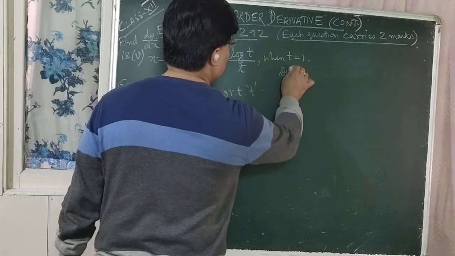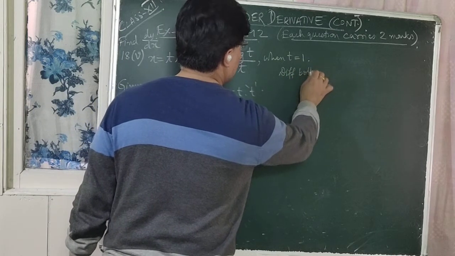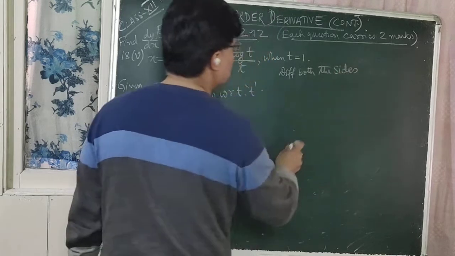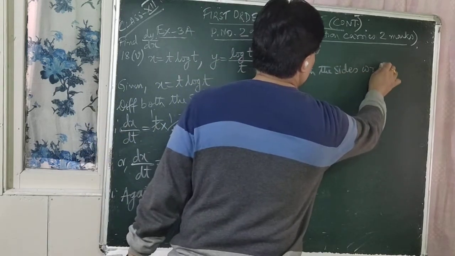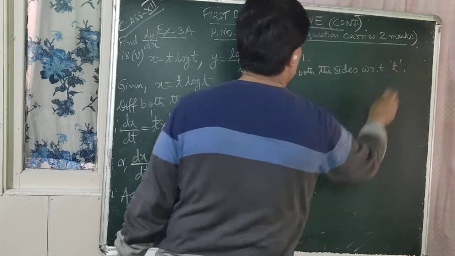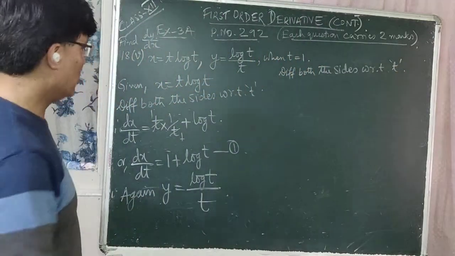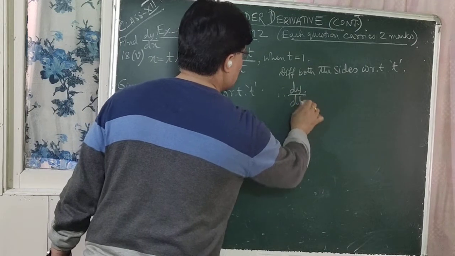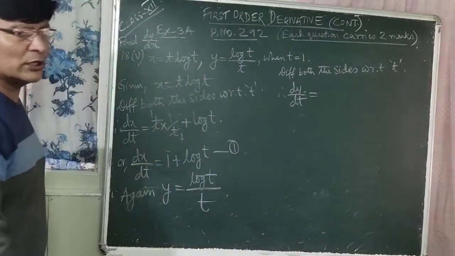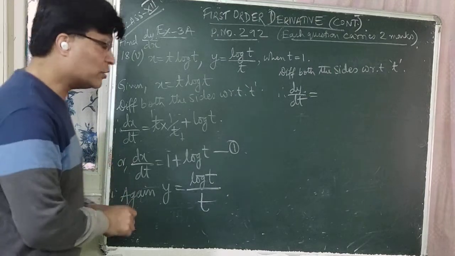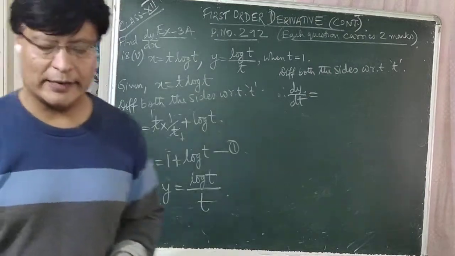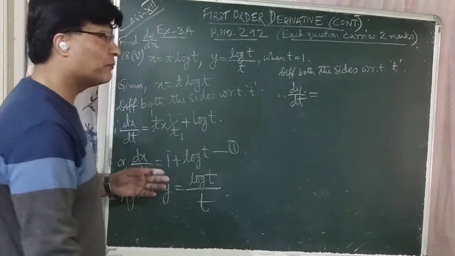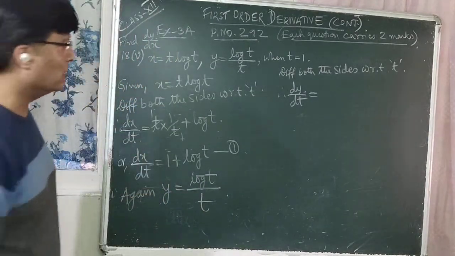So differentiating both the sides with respect to t. Okay? So now what is dy by dt now? So therefore dy by dt is equal to, you have to use here u by v rule. Both numerator and the denominator are expressed in terms of t. Both are the variables or the parameter here. So you have to use u by v rule here.